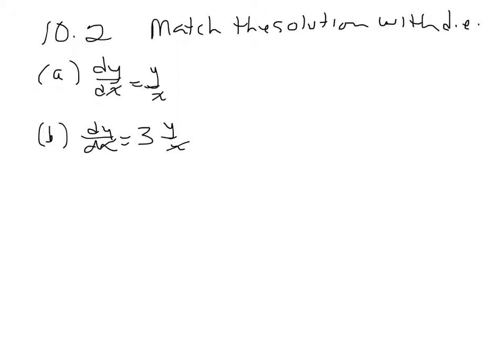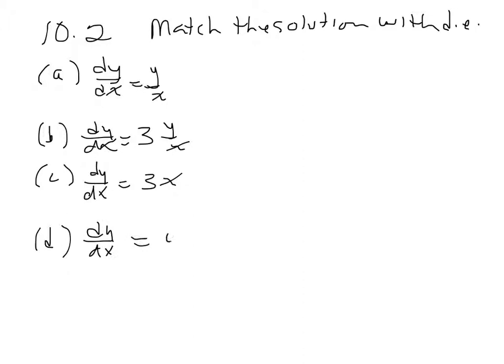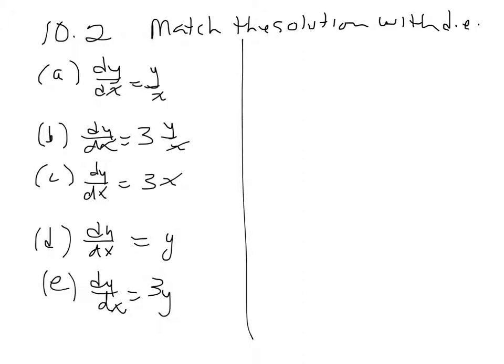C, dy/dx equals 3x. D, dy/dx equals y. E, dy/dx equals 3y. So as you can see, those are all my differential equations. And then on this side, they give the solutions, and what you're supposed to do is match them. Which one goes with which one.